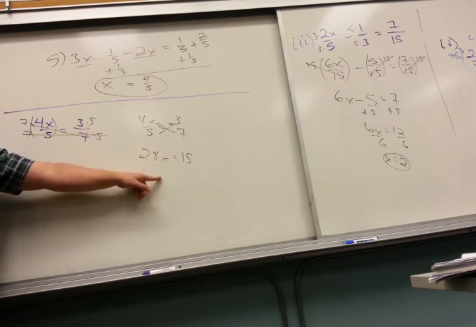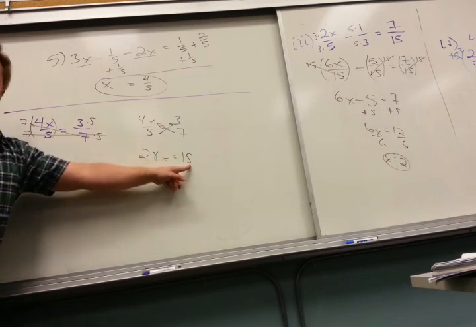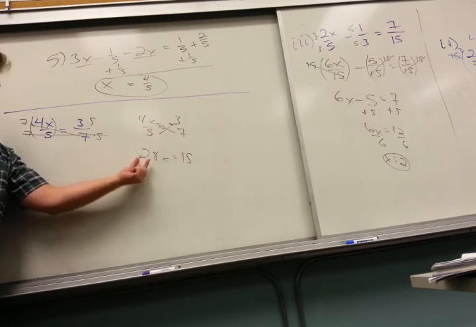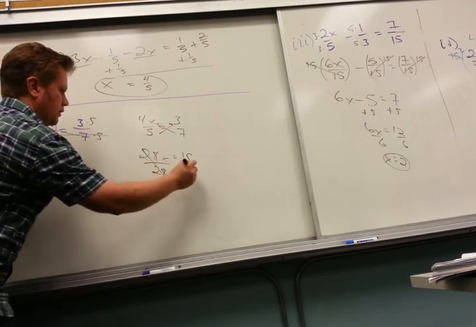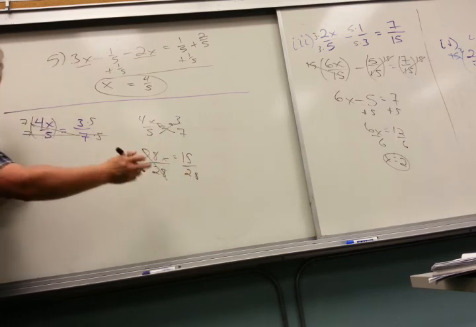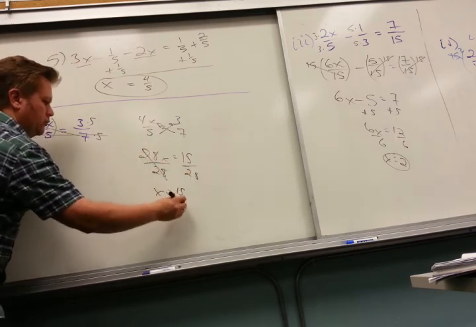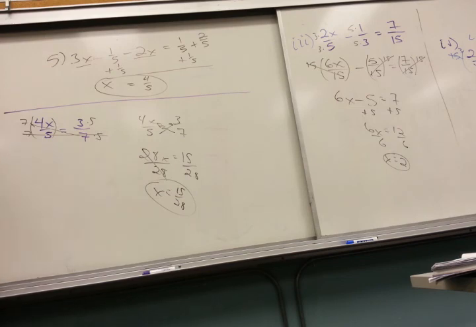So I divide by 28. I don't divide by 15. I don't subtract 28. I know I've got to divide by 28 to kill it, so then the other side just gets it. Right? And it's a fraction. Why do I not care? Because I'm done. So one of the best places to get a fraction is at the very end. So you don't have to do anything with it.